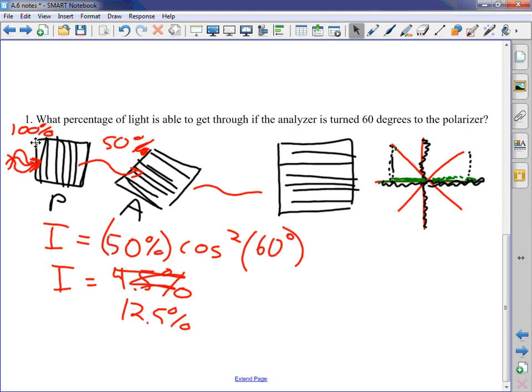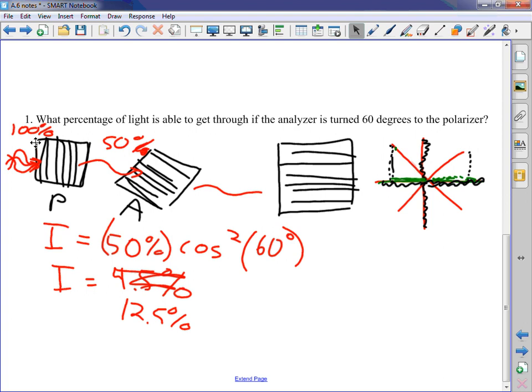It's cosine squared. It's a cosine function, which automatically means it's not just some linear idea. And then it's cosine squared, which makes it even less linear. As you turn them, at 45 it's not exactly half, and whenever you get all the way over to 60, it's pretty dark. Whenever you start getting close to 60, it cuts it down quite a bit.